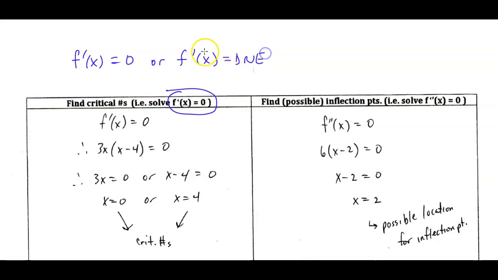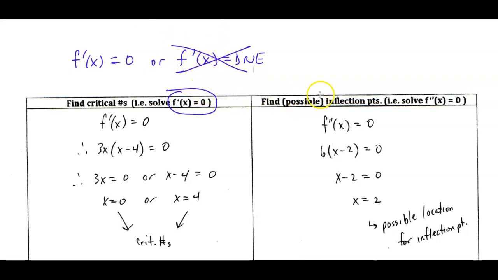However, in this situation, since we're dealing with a polynomial function, the derivative of a polynomial function is also going to be a polynomial, and polynomials are going to be defined for all real numbers. And so what that means here is that the derivative will be defined for all real numbers as well. So in this particular problem, we won't see this case.